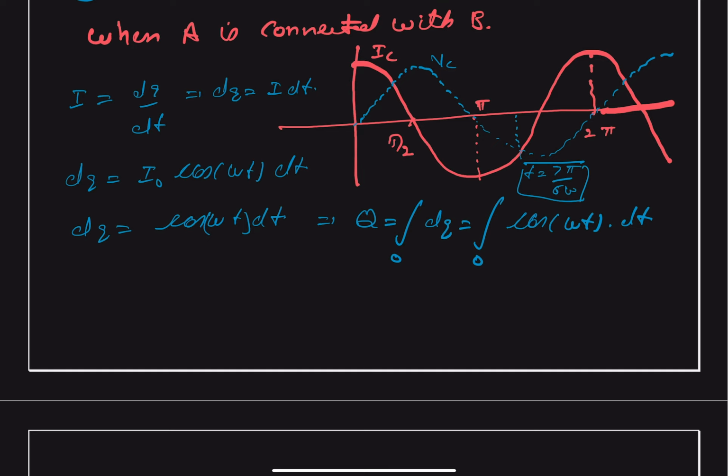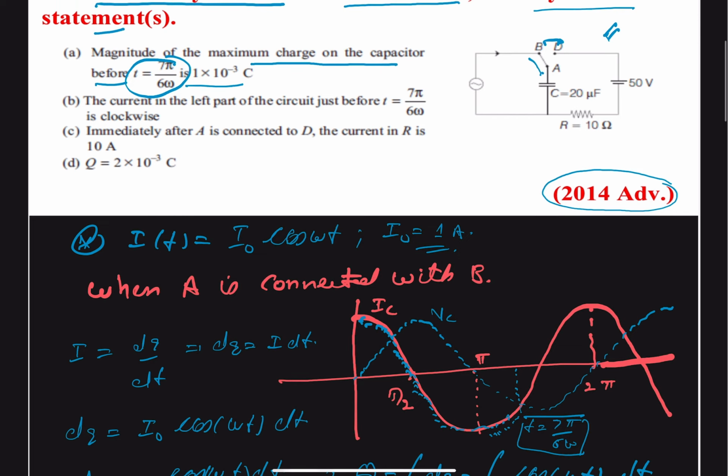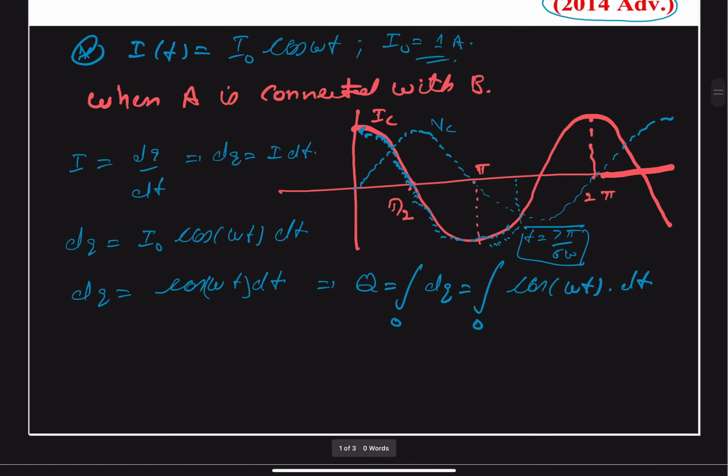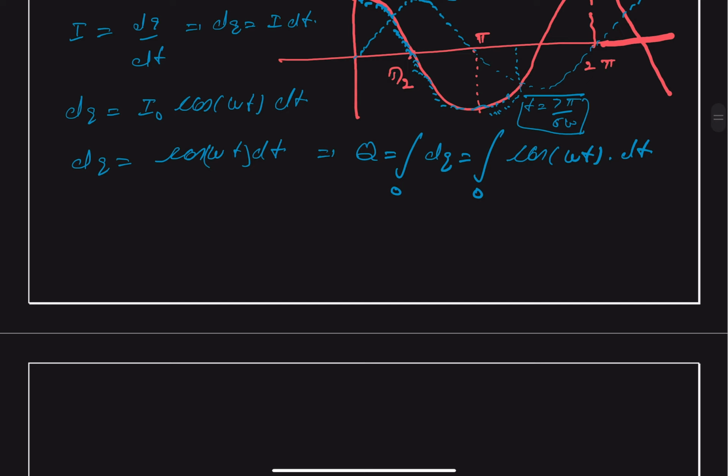So we are going to find out the upper limit, which will lie along this portion. But it is said in the question that it is the magnitude of maximum charge. So we have to keep in mind that the charge should be maximum.